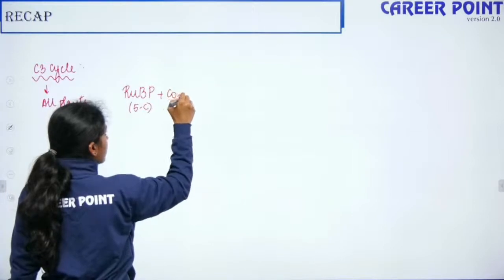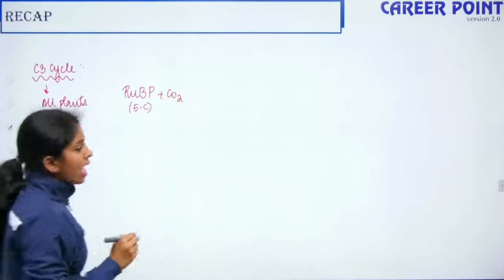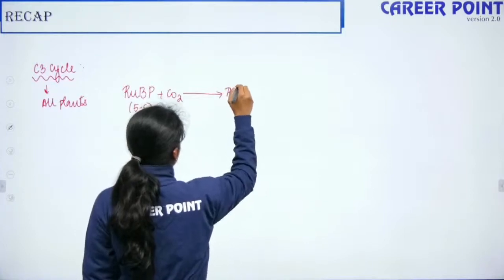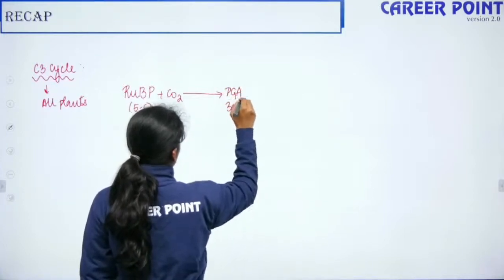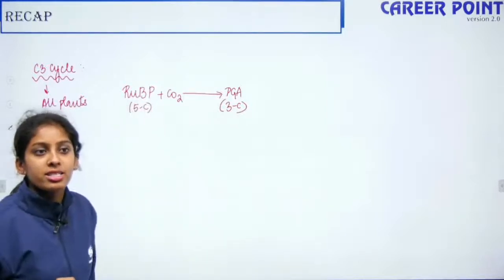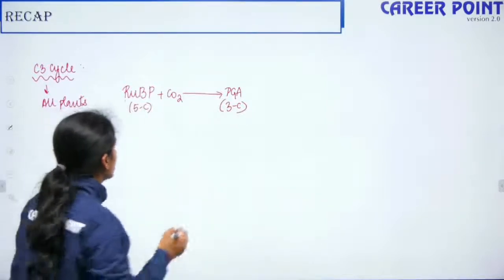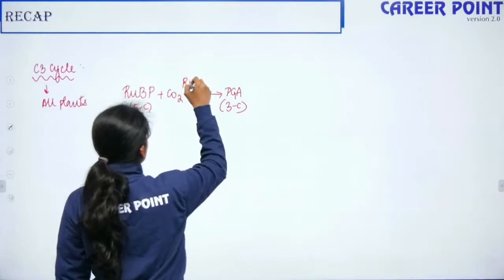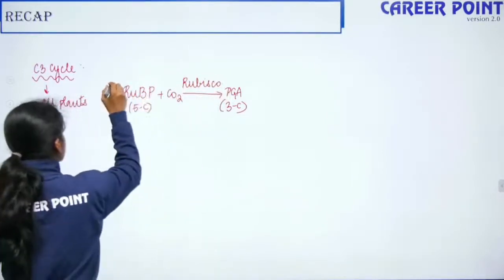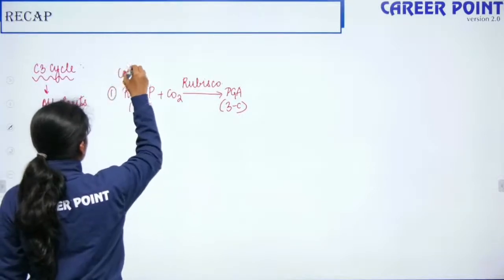It accepts carbon dioxide and is converted into phosphoglyceraldehyde, which is a 3-carbon compound. Since the first stable product is a 3-carbon compound, it is a C3 cycle. Here the enzyme is Rubisco, and this first step is called carboxylation.